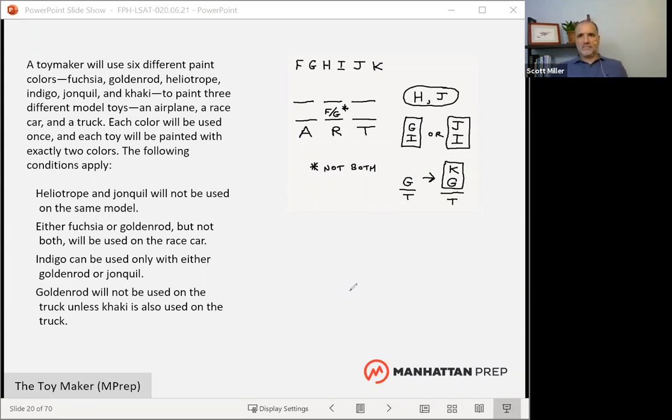How's this looking? Raise your hand if this is really similar to the diagram that you have. Let me ask this a different way. I'm going to lower all the hands.